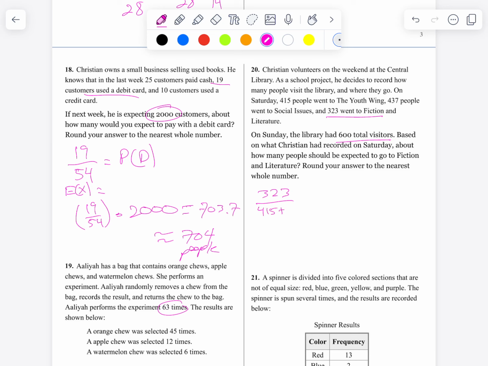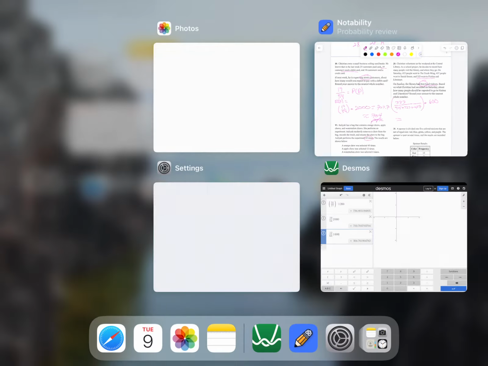So that's 415 plus 323 plus 437. And then I'm going to take that number times 600. So whatever this is times 600 gives me the expected amount.